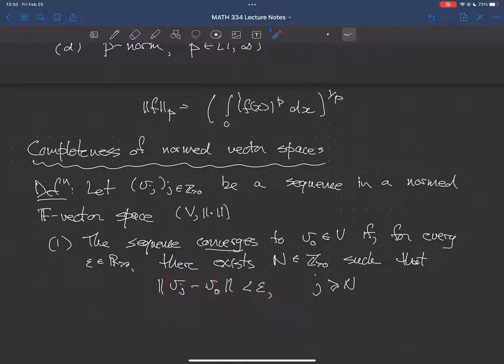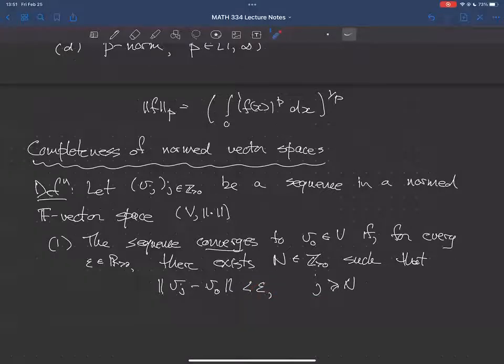Okay, so you should think of a norm as giving you a notion of a distance. And so the distance of Vj from V0 is less than epsilon for large enough j, is what this is.